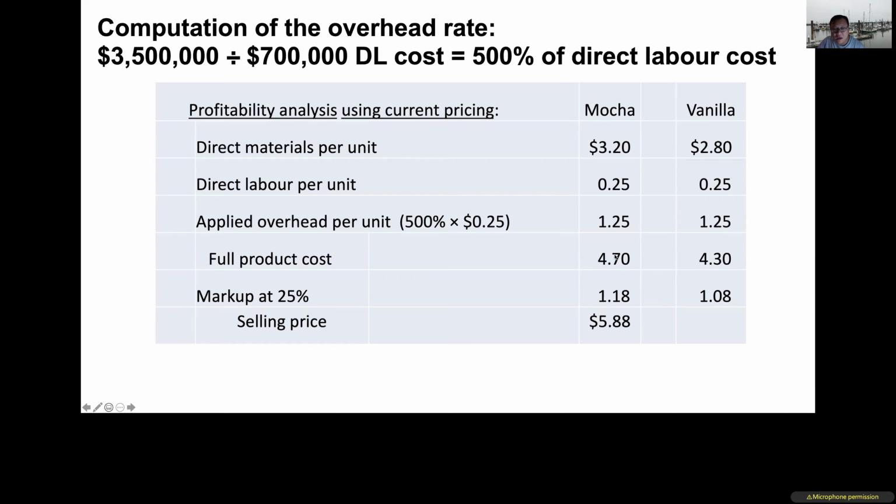The cost plus the markup is your selling price: $5.88 for mocha and $5.38 for vanilla. Remember, this is per unit, and each unit is 500 grams. It's not 1,000 grams, okay?